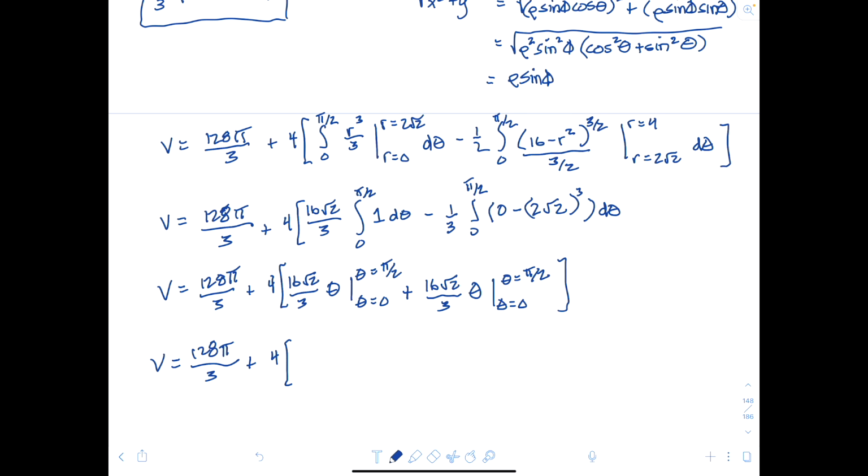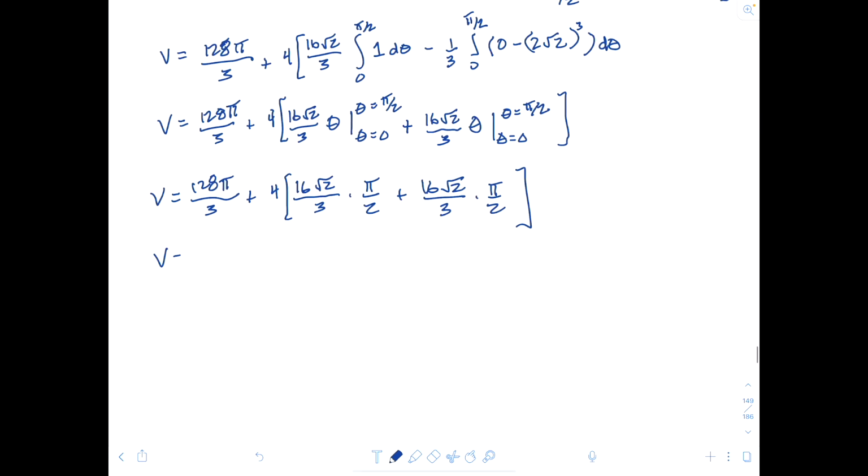So I think we'll get 16 pi, you know what, I'm just going to do it out. I'm a little tired. So we'll have 16 root 2 over 3 times pi over 2 plus 16 root 2 over 3 times pi over 2.